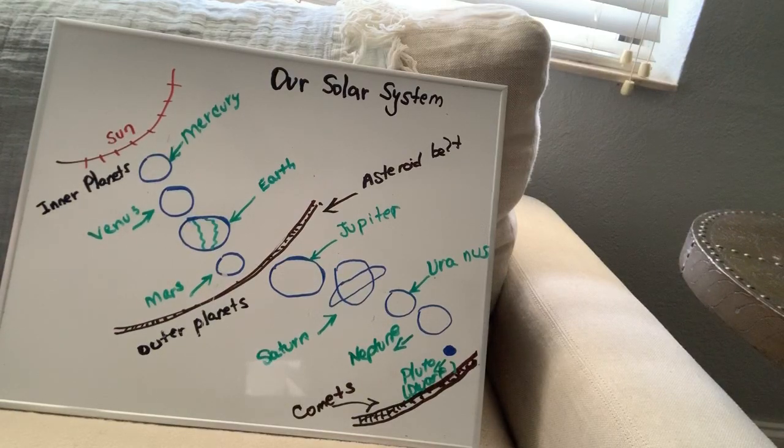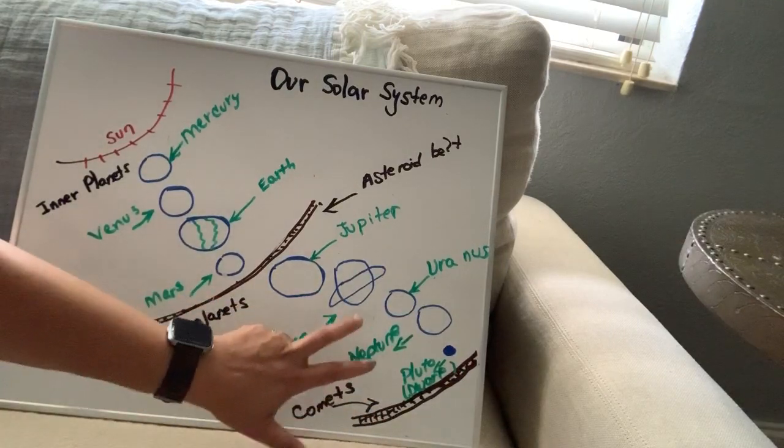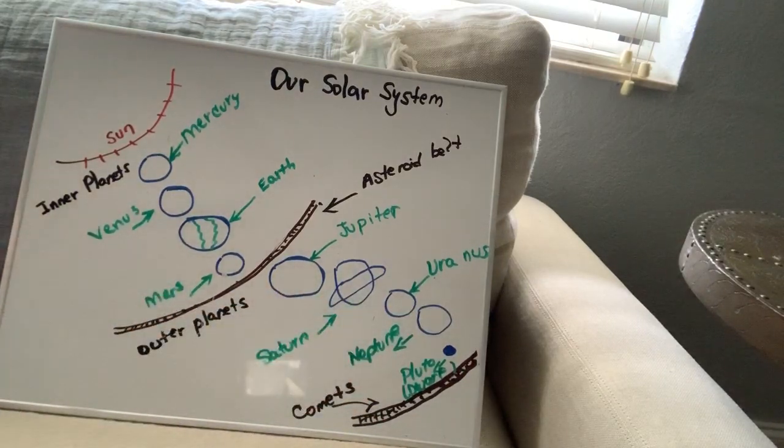It's so cold in there that scientists believe its surface is a mixture of frozen substances. It is blue in color due to the methane gas in its upper atmosphere. Neptune is the 8th planet from the sun and is often thought of as the twin of Saturn, these two.